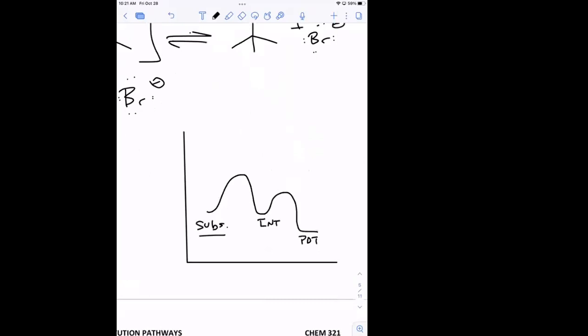So you go from substrate to intermediate, which is in the well, and then intermediate to product. Are y'all following? Anybody not see it? That's what we call a stepwise mechanism.